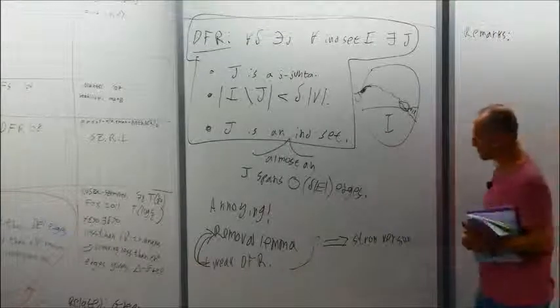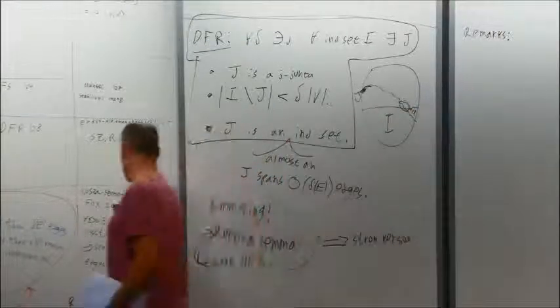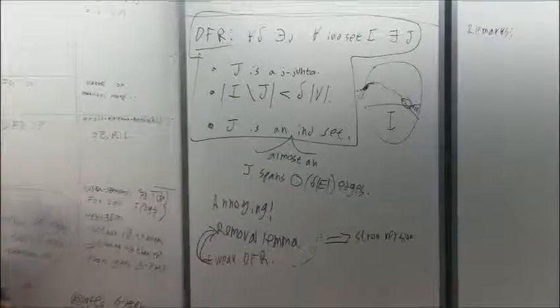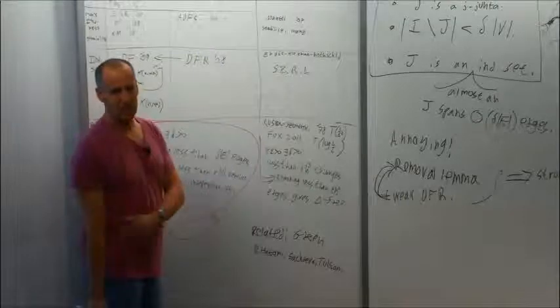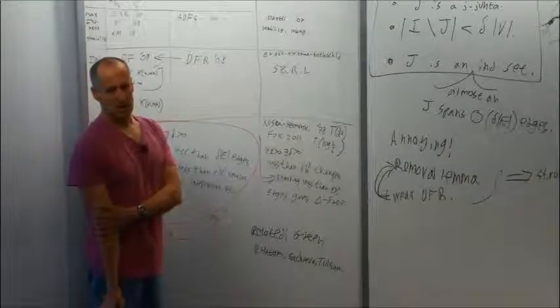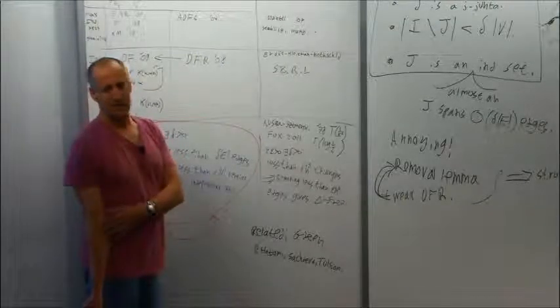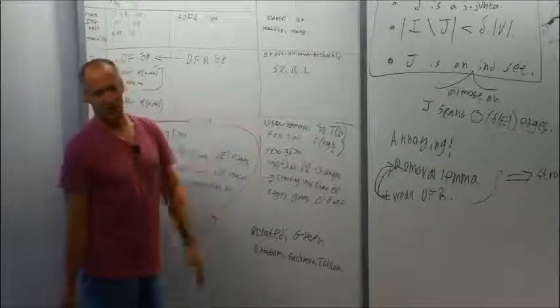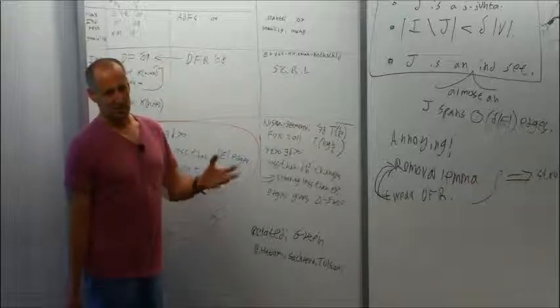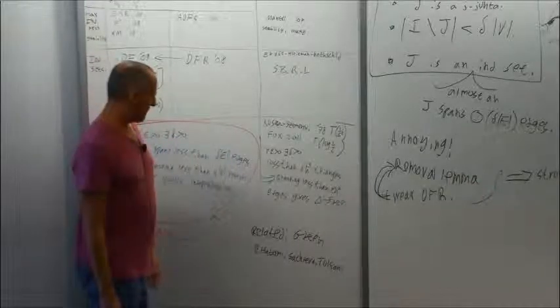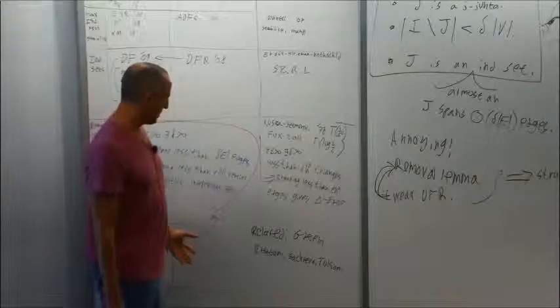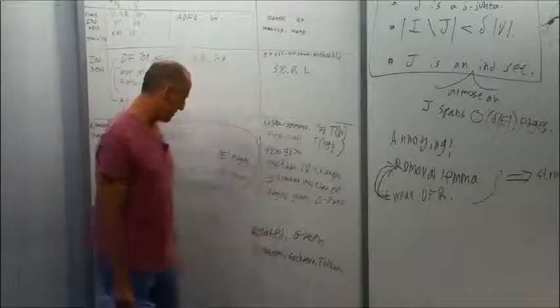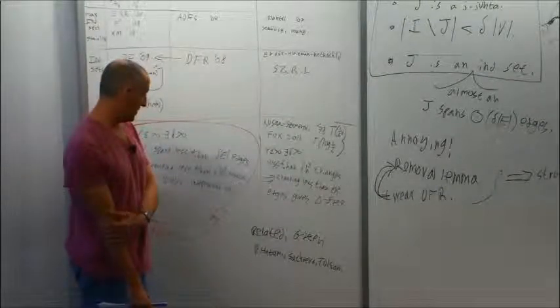So the first remark is something about related work. These triangle removal lemmas were proved also in an algebraic setting. Take the group 0, 1 to the n, and then triangles being x, y, and z such that x plus y equals z. And there, Ben Green proved the triangle removal lemma.